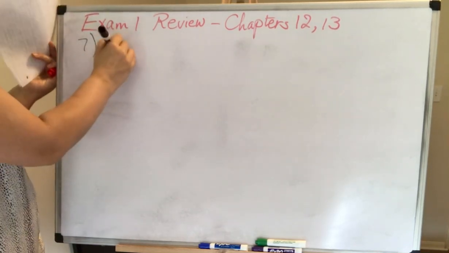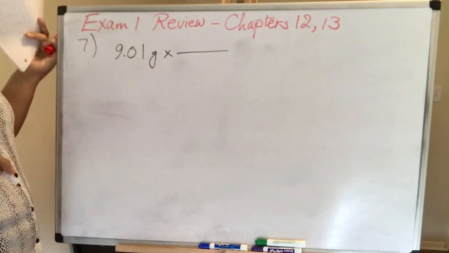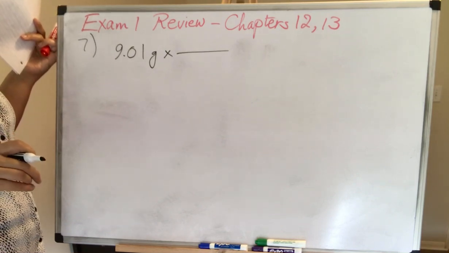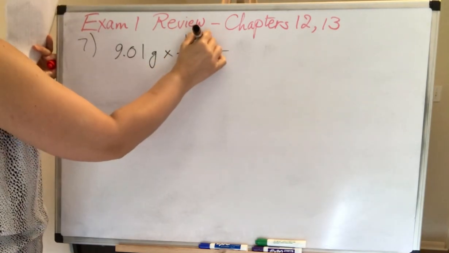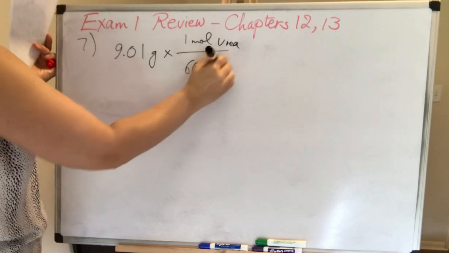So you have 9.08 grams of urea. In the previous question, it gave you the molar mass, or you can calculate it from the given formula. So 1 mole of urea is almost 60 grams, right?